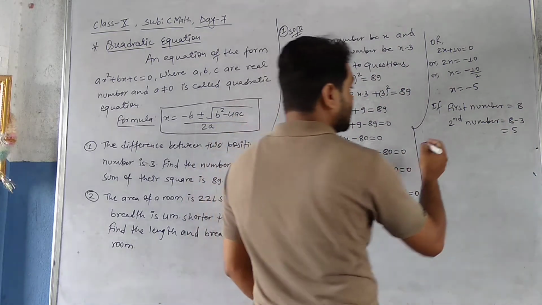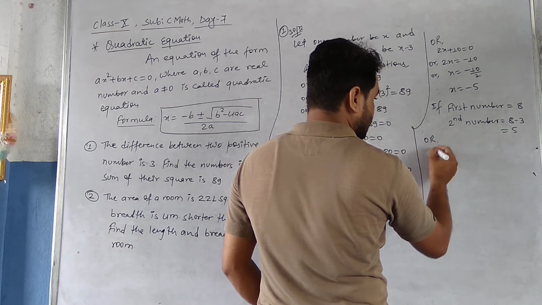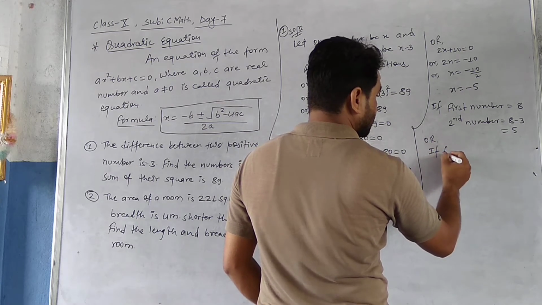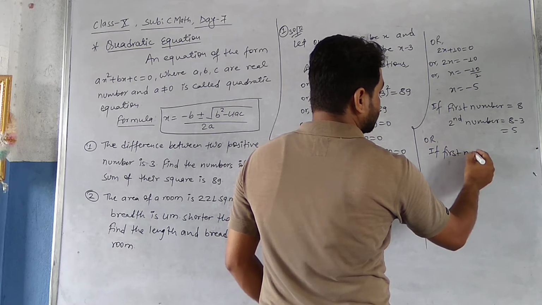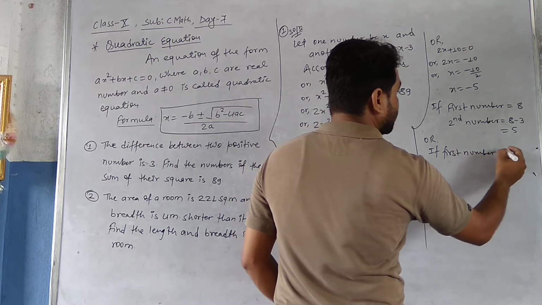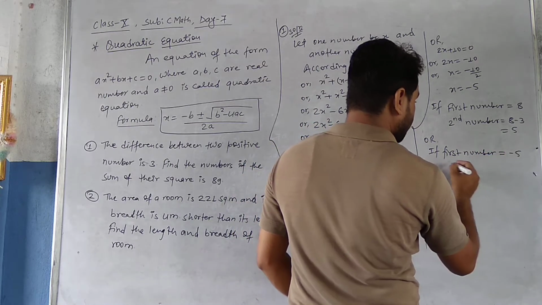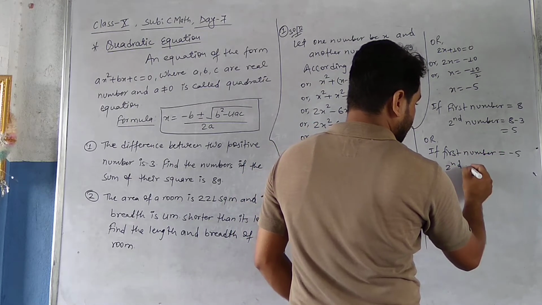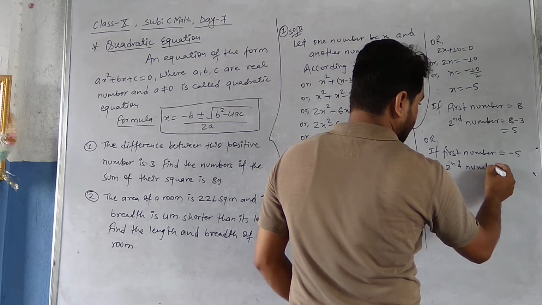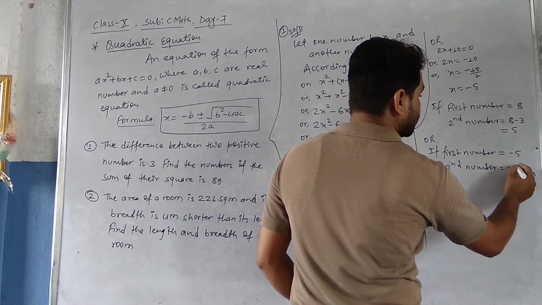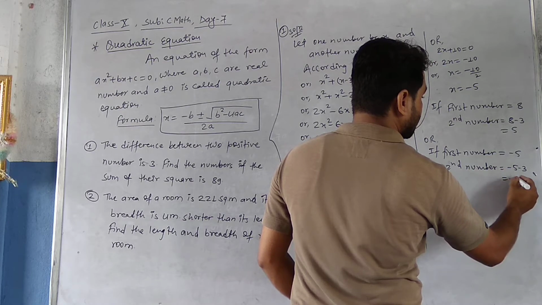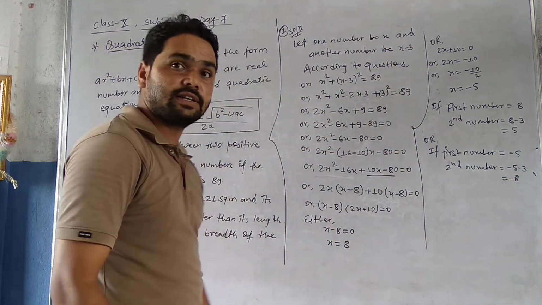Or if the first number equals minus 5, the second number equals minus 5 minus 3, we get minus 8. Yes or no?